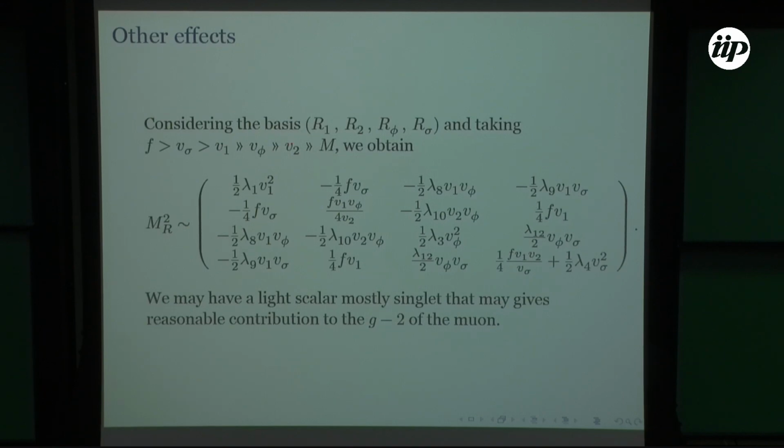Another effect: we have 4 real scalars, and observe that this VIV is at the keV scale. So you are going to have a scalar with mass at the keV scale, and this may be a contribution to the g minus 2 of the muon.